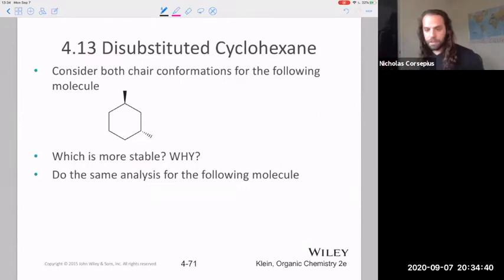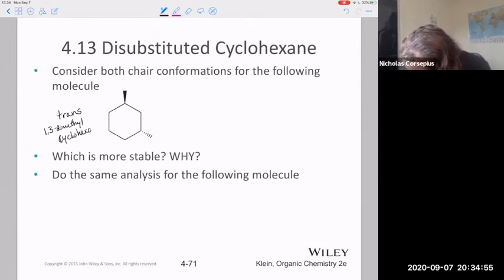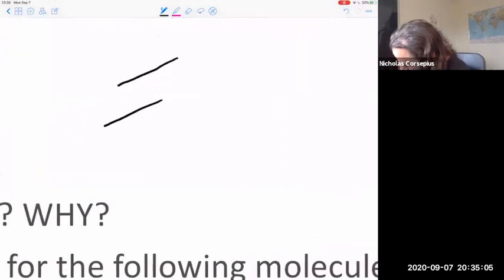First of all, is this the cis or the trans isomer? This is again going to be the trans isomer of 1,3-dimethylcyclohexane. Okay, so drawing the chair, let's zoom in here.